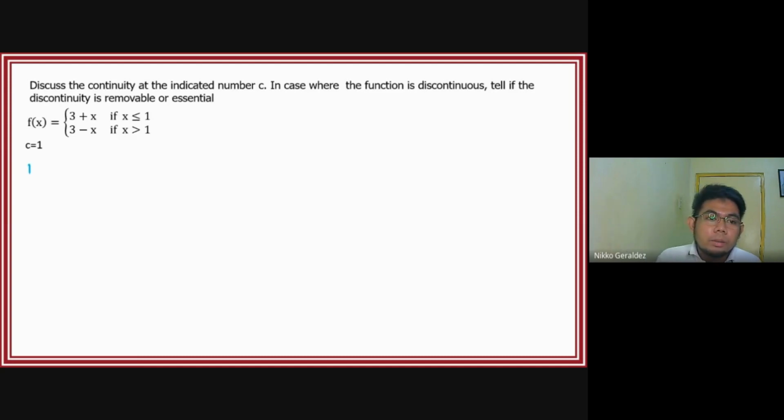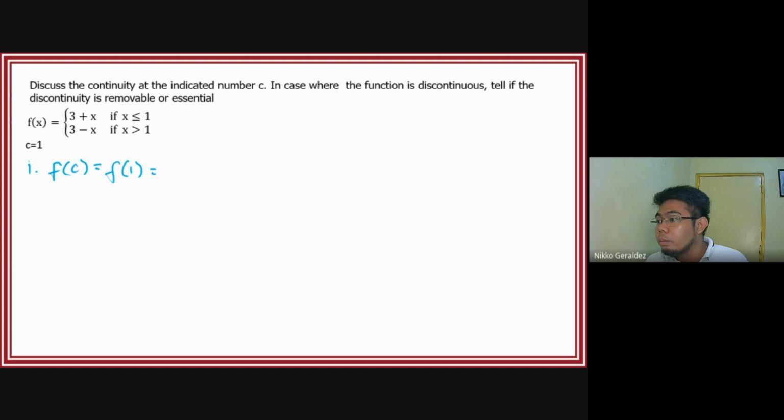First condition, what is f of c? That is f of 1. f of 1 is 4. Why 4? Because sir, we used the first function since its condition is x less than or equal to 1, and in this case our c is 1. So it is applicable there. That is why we used it.